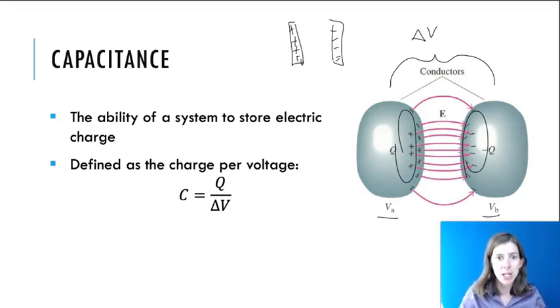The actual definition of capacitance is charge per voltage. So this equation here, C equals Q divided by delta V, where C is the capacitance, Q is the charge, and delta V is the potential difference. This equation agrees with what we just said. If it stores more charge, then it has a higher capacitance.